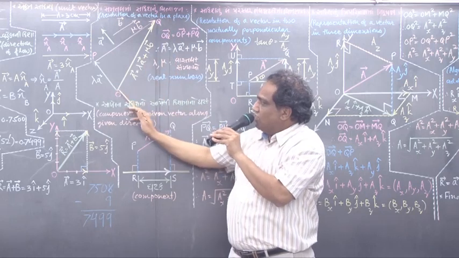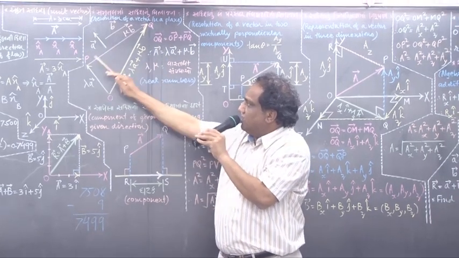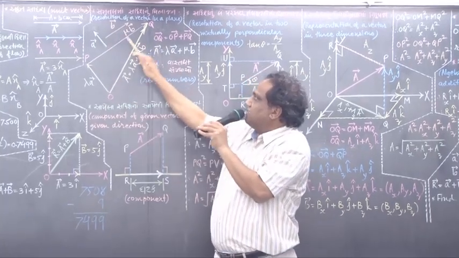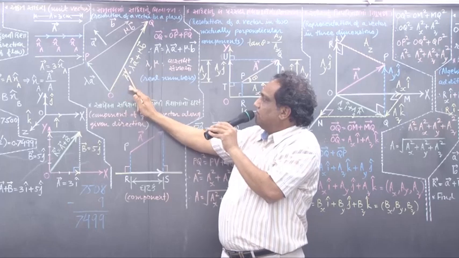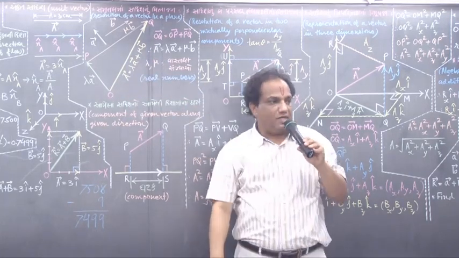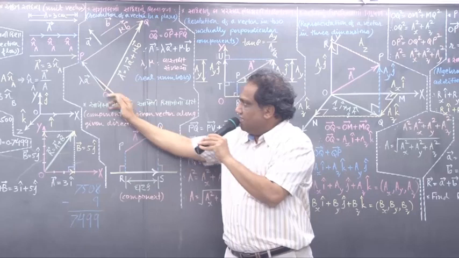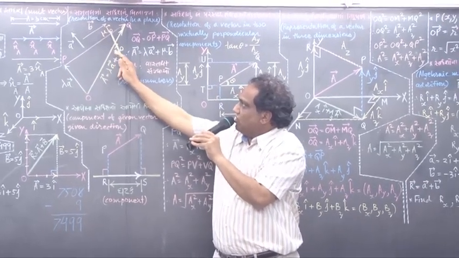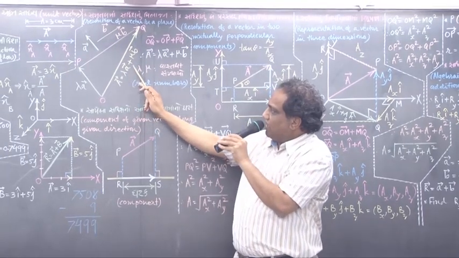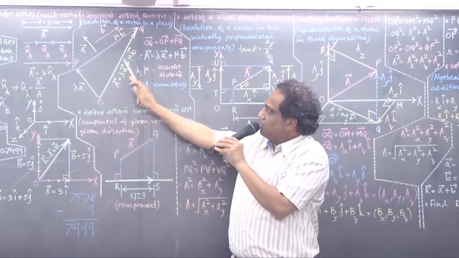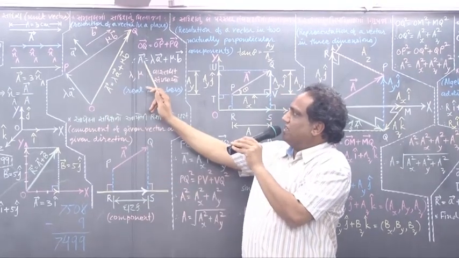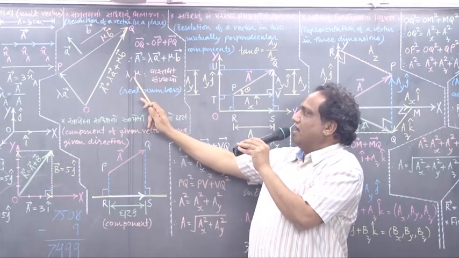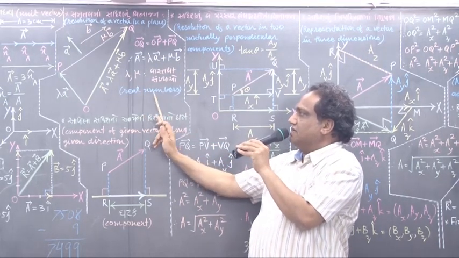On the head of the first is the tail of the second vector. Now this vector plus this vector will give you this vector. So lambda into vector A plus mu into vector B. Suppose this vector is vector A. Then you can always write vector A as lambda into vector A plus mu into vector B, where lambda and mu are real numbers.